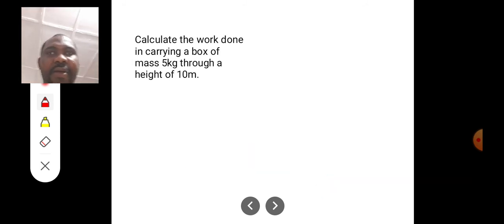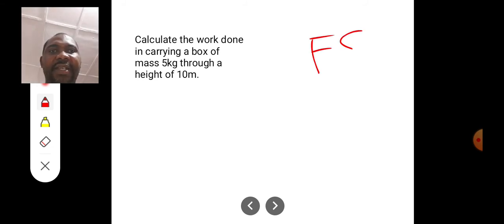Beautiful. Okay, so we see the next. Here it says calculate the work done in carrying a box of mass 5 kg through a height of 10 meters. Now in this case, the work done is potential energy. Work done still does not change, it's force times distance, but in this case the force here is the force of gravity because it is moving to a height.